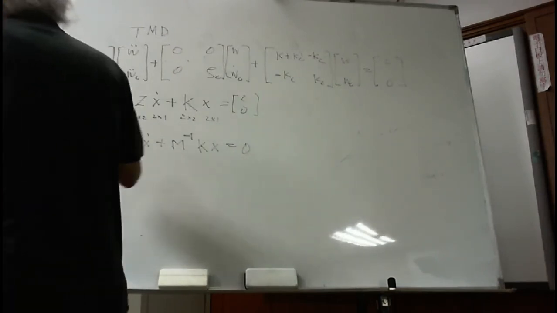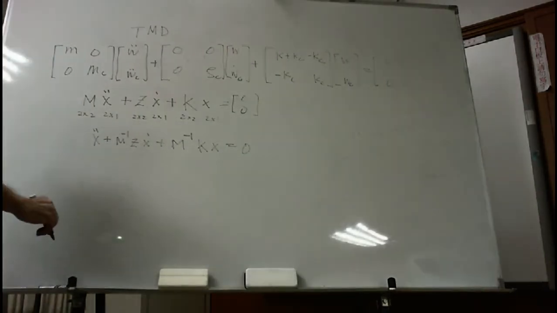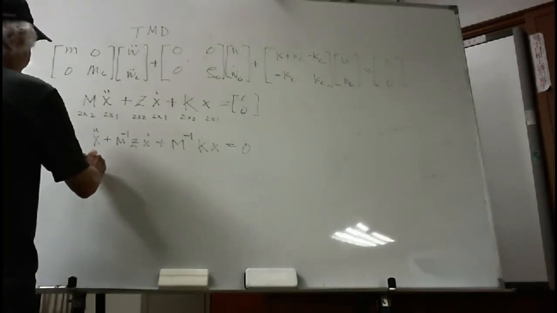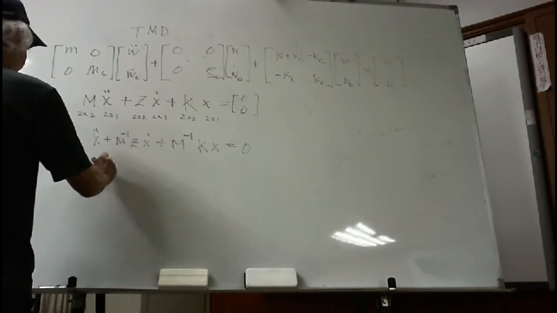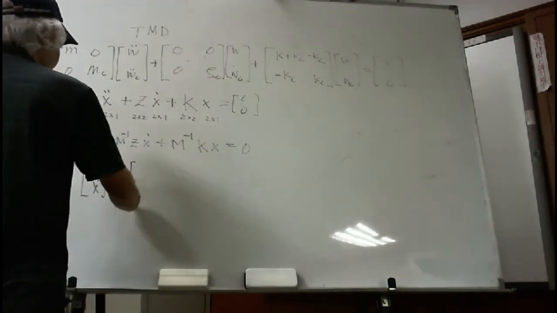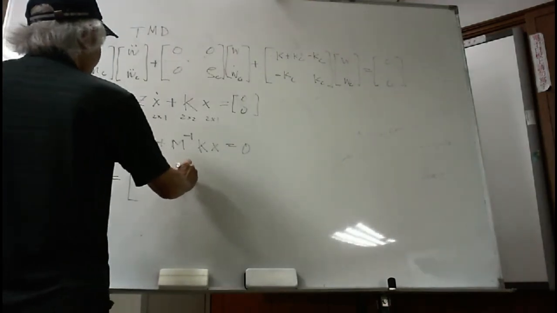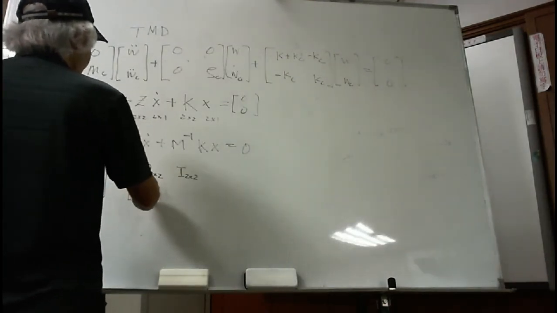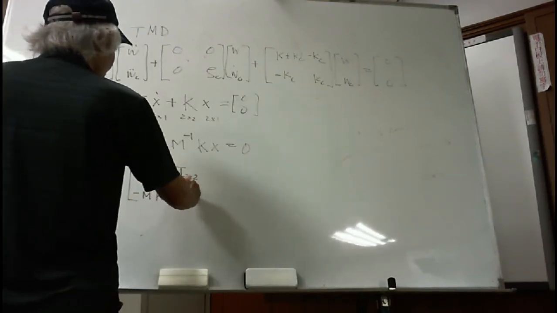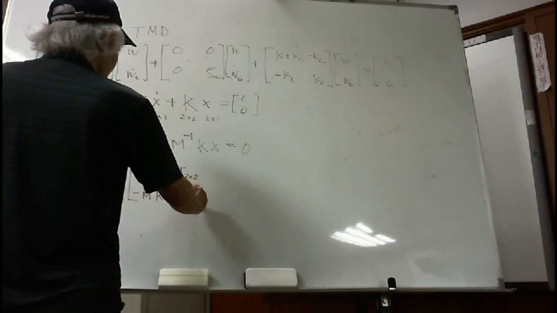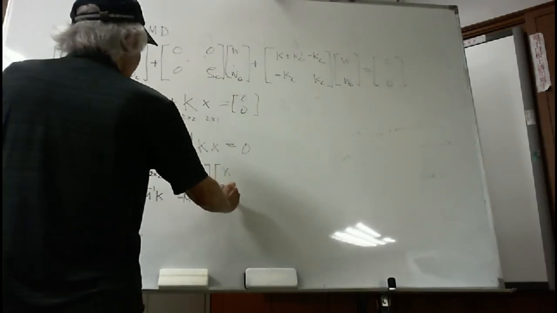We need a new pen. All right. Now, what we can do is I can say, this is my X dot and X double dot equal to: 0 (2 by 2), I (2 by 2), and minus M inverse K, minus M inverse Z, times X and X dot.